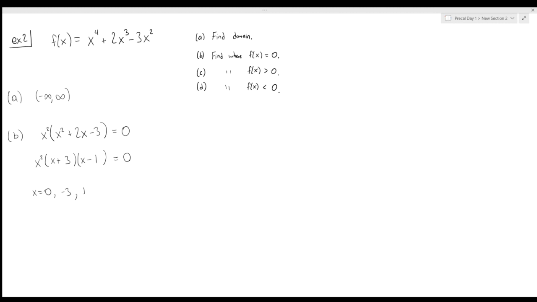So then to figure out where the function is positive and negative, we're going to create our sign chart again. Okay. And we'll pick a test point in each interval.